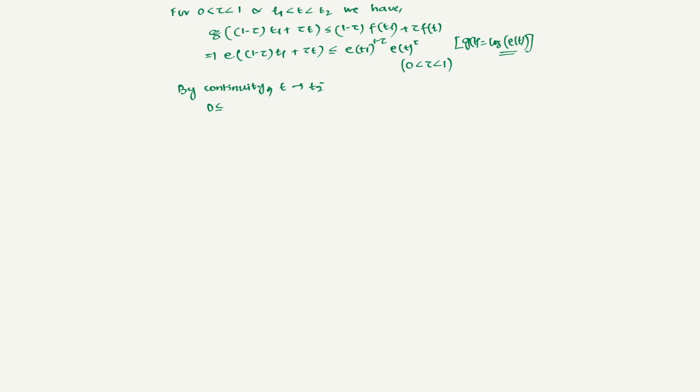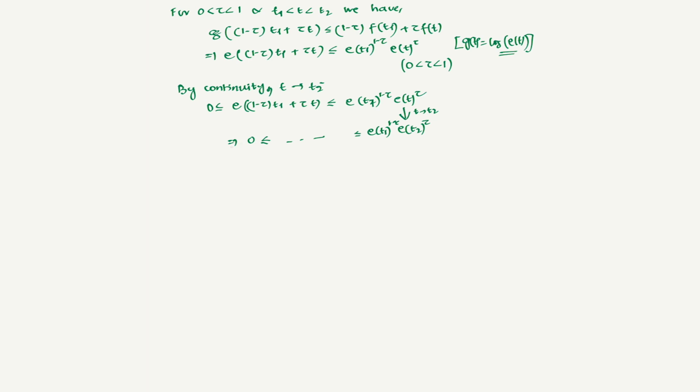So this is 0 less than or equal to e of (1 minus tau) t1 plus tau t, less than or equal to e of t1 to the power (1 minus tau) times e of t to the power tau. Now when t goes to t2, this will go to e of t2 to the power tau times e of t1 to the power (1 minus tau), and this is less than or equal to 0.